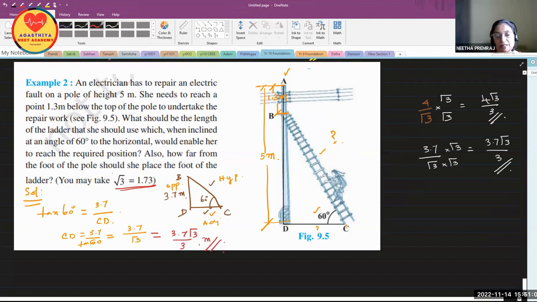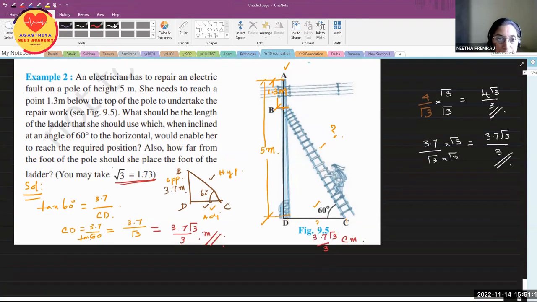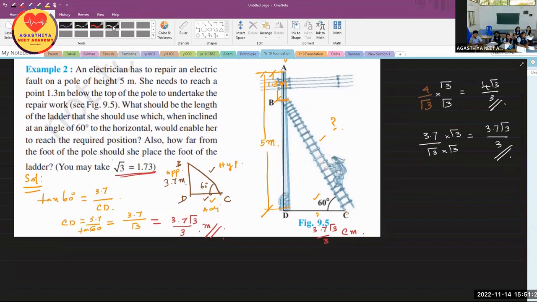CD is 3.7 root 3 by 3. We found that. Okay, what is the idea to find the ladder length? What trigonometric ratio wants to be used? Anybody? Guys? See, you always look at what is given.